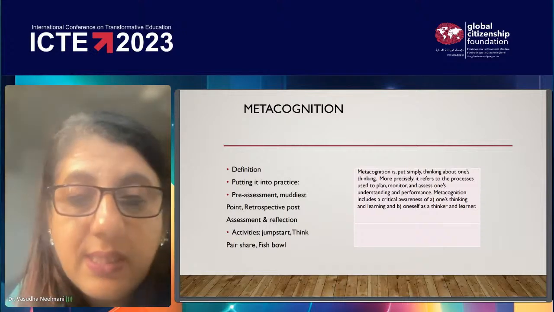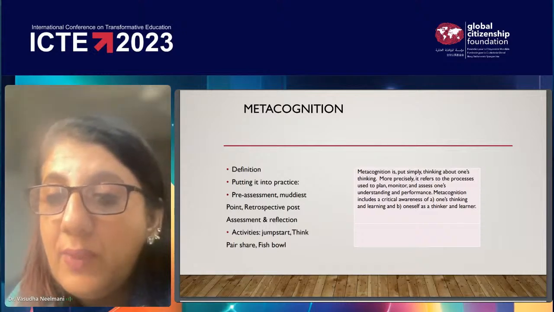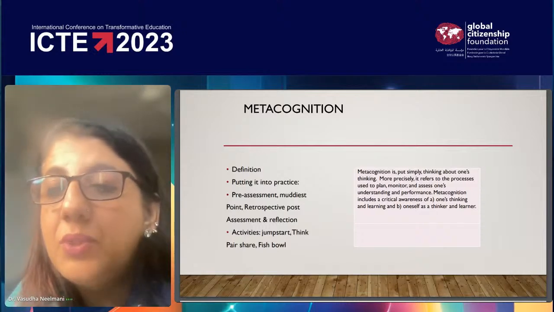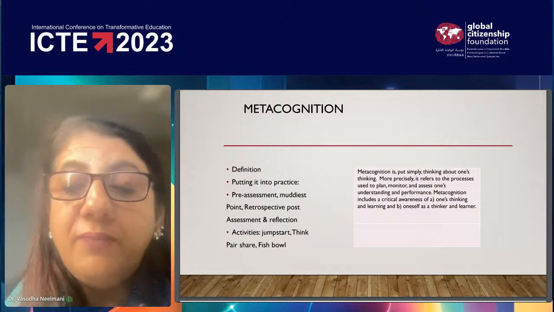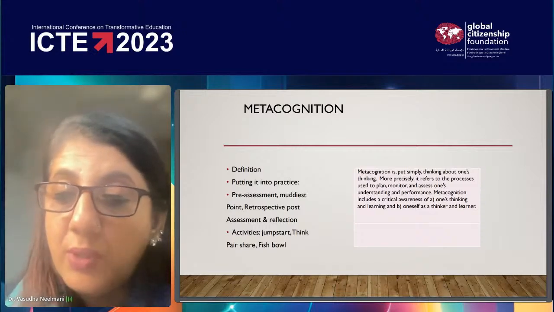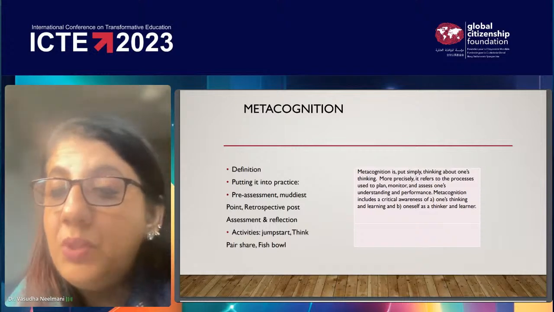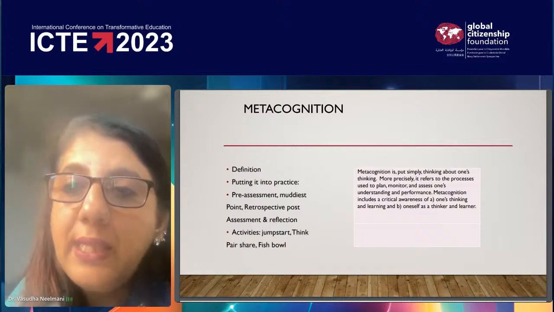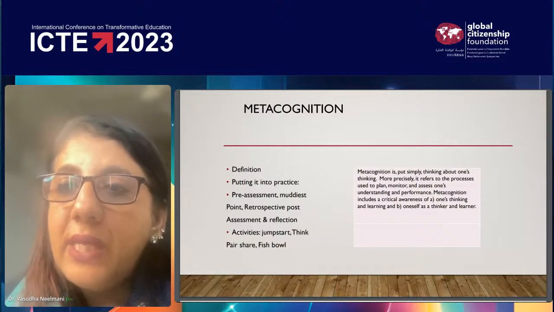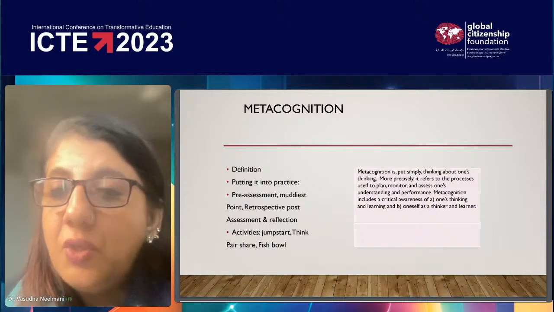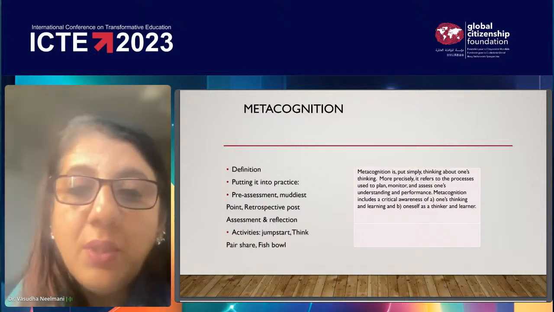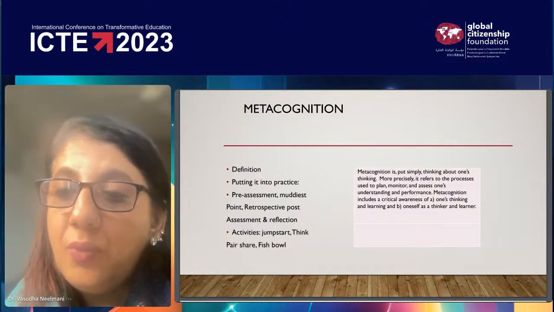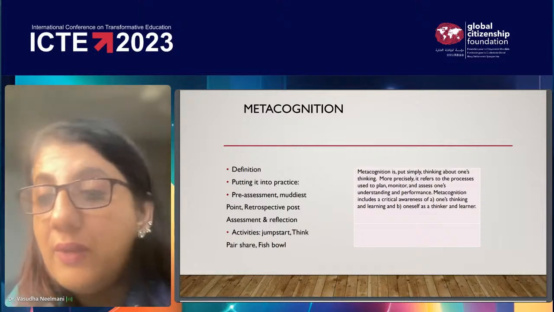What are our weaknesses in learning? That is very, very important. So when we talk about metacognition here, reflective practices play a very important role. You are critically aware of your strengths and your weaknesses, and then you are able to judge your students also, you are able to know your students also. And then you have assessments, you have reflection, then you have activities.